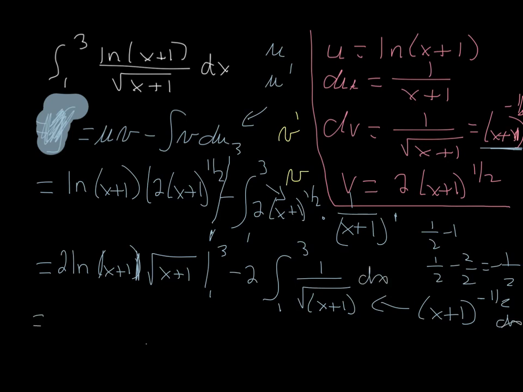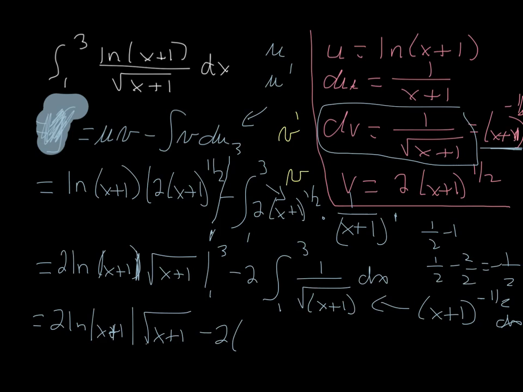And so if we keep going, I'll let you evaluate the integral afterwards. That's a minus 2 times the square root of x plus 1. And then we're going to have 2 times the integral of that, which is going to be the same as what we got up here because we're integrating the same function.